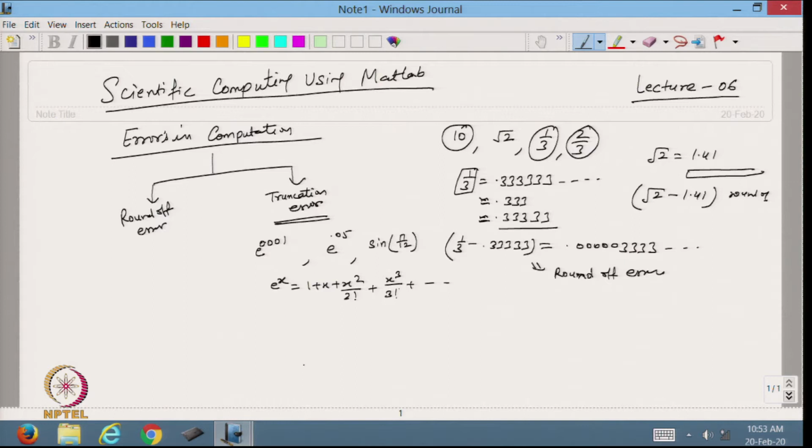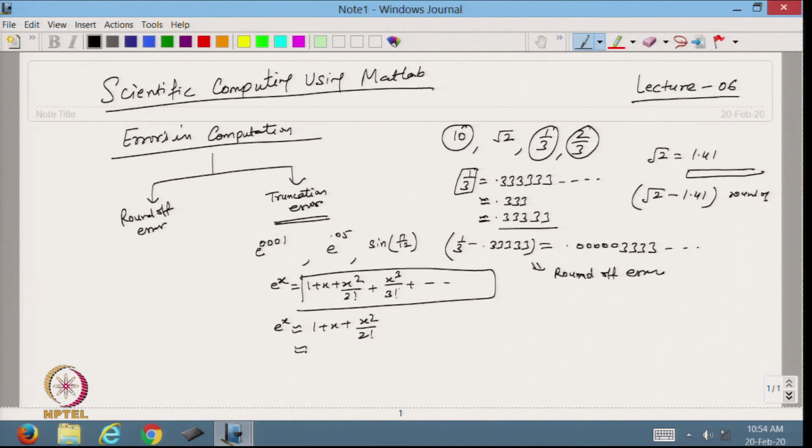On the right hand side there is an infinite series, and of course I cannot use an infinite number of terms to find the value. In the computation we have to truncate this series. So suppose I approximate this function as 1 plus x plus x square by 2 factorial.